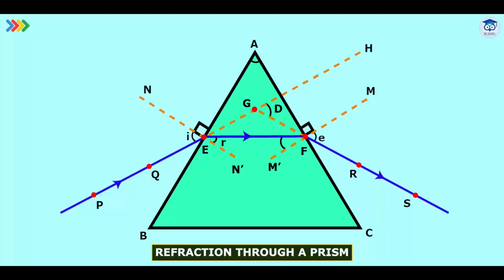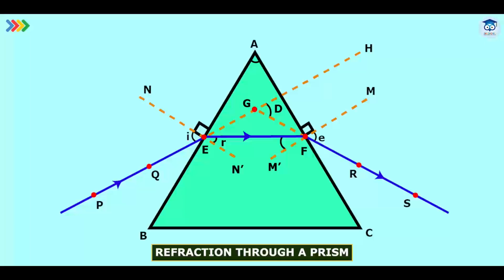As the light bends inside the prism, it creates the angle of refraction, that is angle FEN', measured between the refracted ray EF and the same normal NN' at point E. When the light exits the prism through surface AC, it bends again, forming the angle of emergence, that is angle MFR, which is measured between the emergent ray RS and the normal MM' at point F. Lastly, the angle of deviation, that is angle HGF, shows how much the light path has shifted due to refraction.